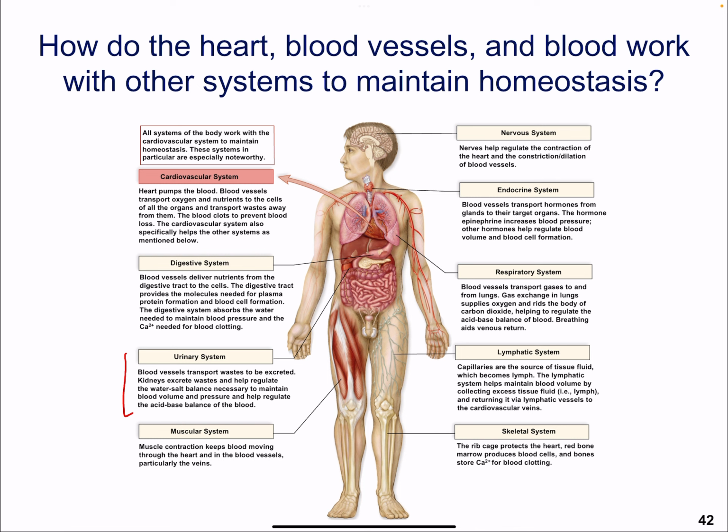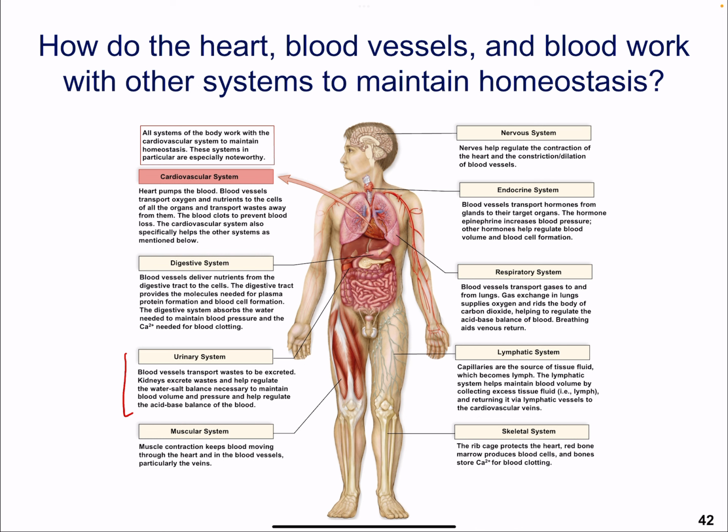Which is going to actually play a very important role in modulating water-salt balance, that one, modulating the pH, that two, modulating blood pressure, that's three, right? So the cardiovascular system has to work together with the urinary system for these three different aspects of your homeostasis, right?